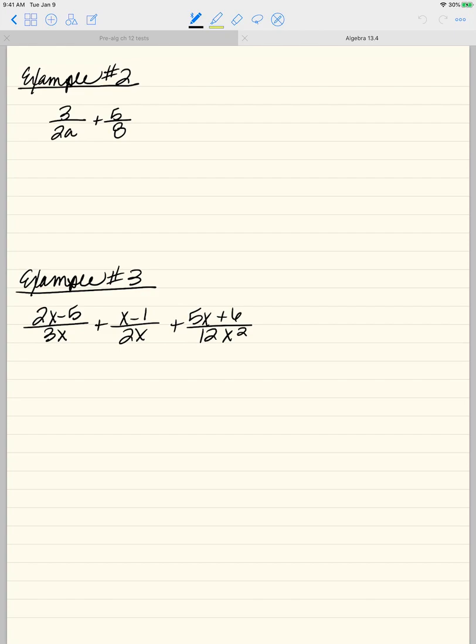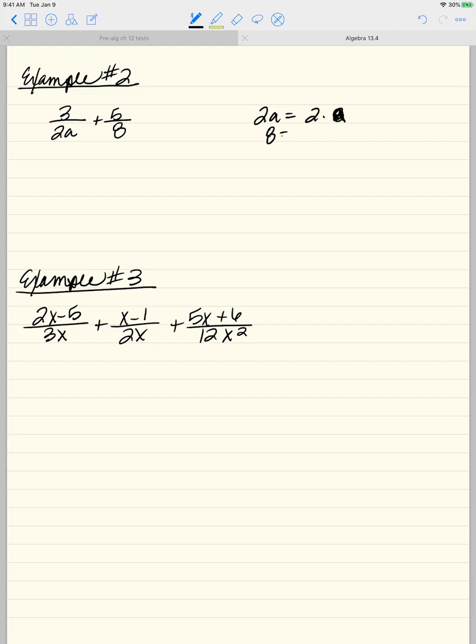Okay, example number 2 says simplify 3 over 2a plus 5 over 8. So we need to find the lowest common denominator by figuring out what the LCM is of 2a and 8. When we prime factor 2a, we get 2 times a.